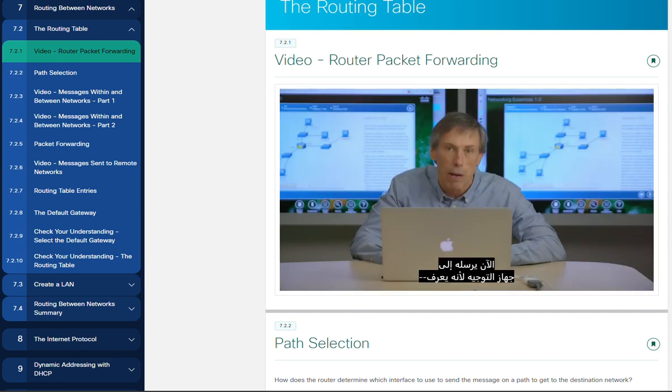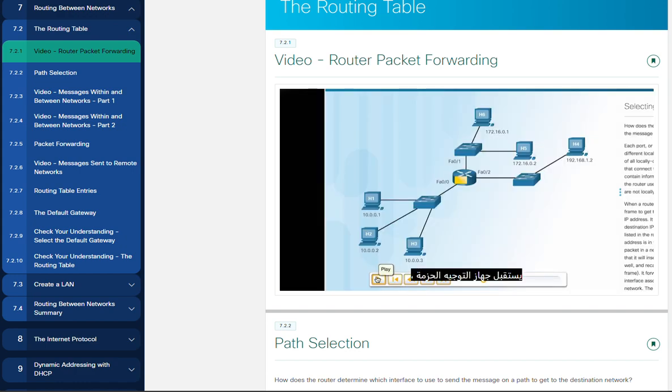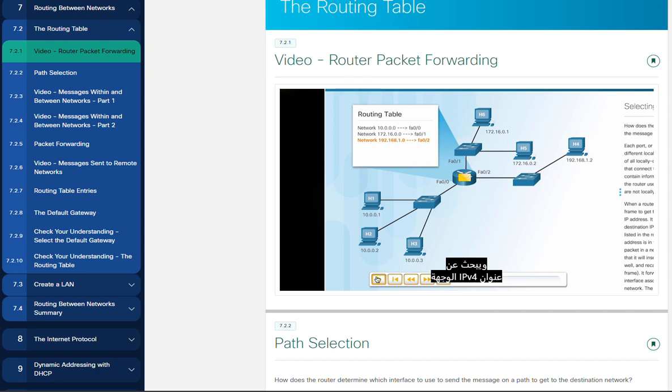Now it sends it to the router because H1 knows that the destination, H4, its IPv4 address is on a different network. The router receives the packet and looks up the destination IPv4 address of the packet in its routing table.